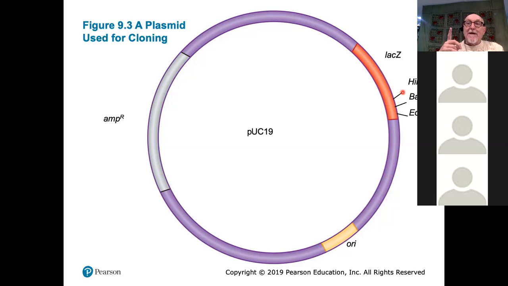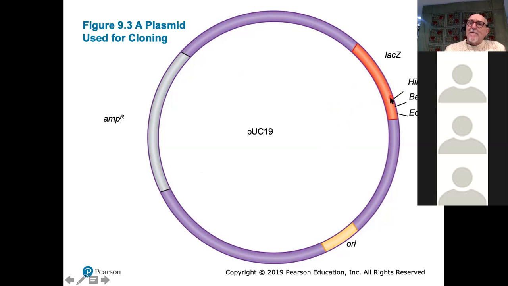So what we're doing, we're testing for a negative, okay? If we now plate our bacteria on ampicillin plates with X-gal in them, any bacterium that is still producing LAC-Z will produce blue colonies because it's successfully making LAC-Z.